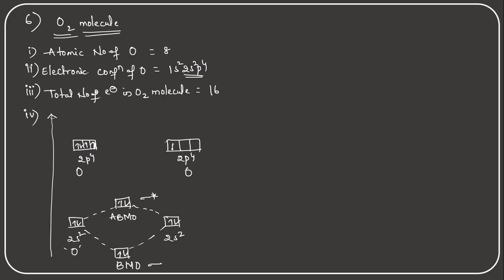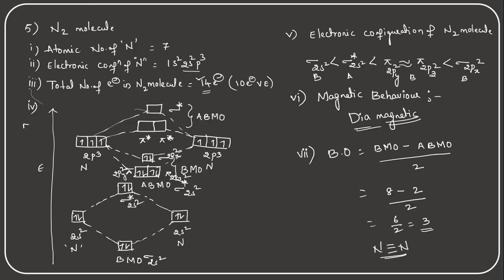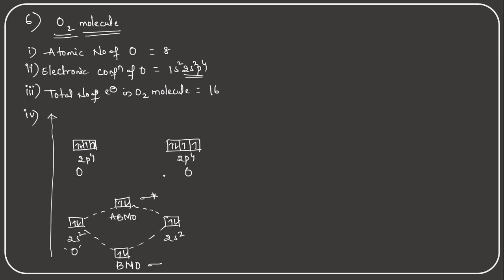In nitrogen, as we have written, the pi orbitals have lower energy. But in the oxygen molecule, the sigma bond has less energy than the pi orbitals. The pi bonding molecular orbitals, the upper ones, will not change. So how many total electrons are there? 4 plus 4, 8 electrons.